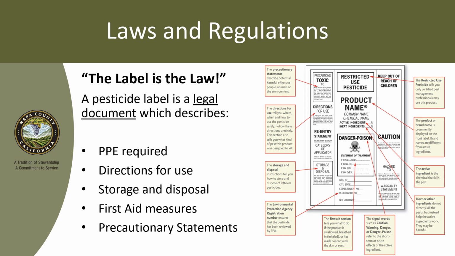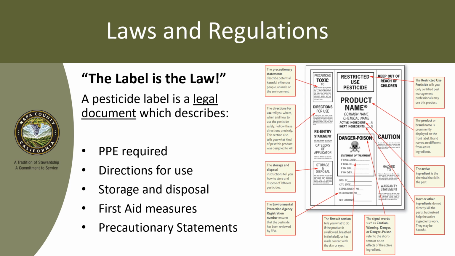Here's one that should be very familiar to you. Everybody has heard this said probably 100 times. The label is the law. It literally is. A pesticide label is a legal document which describes what kind of PPE you must use. What are the specific directions for use? How can I store and dispose of this product?